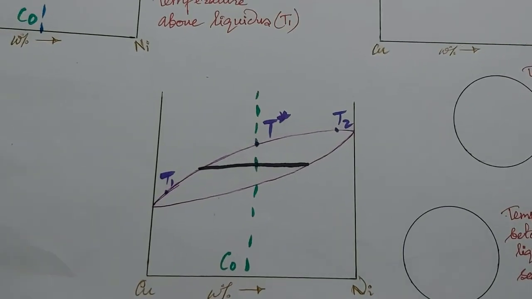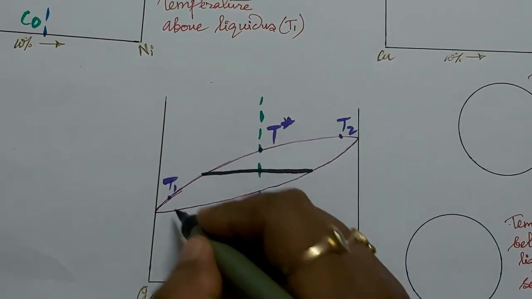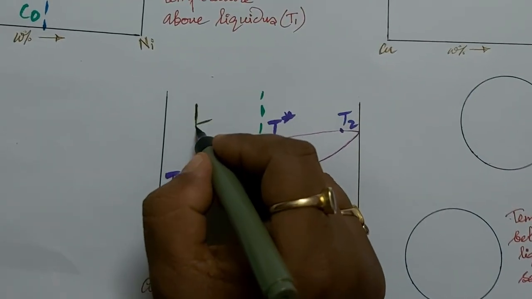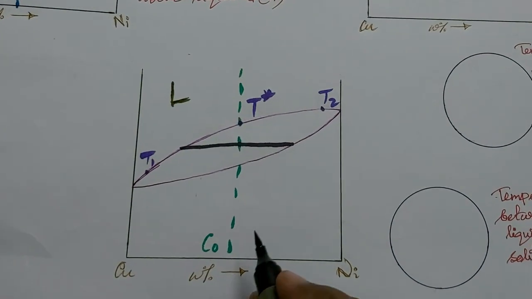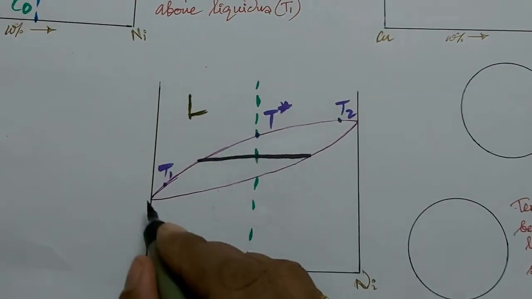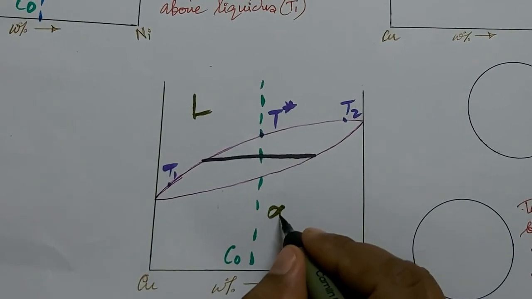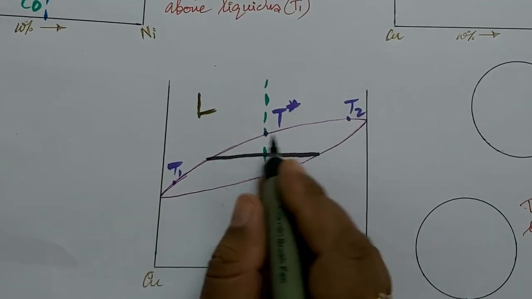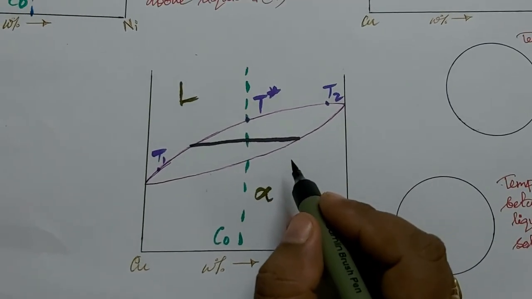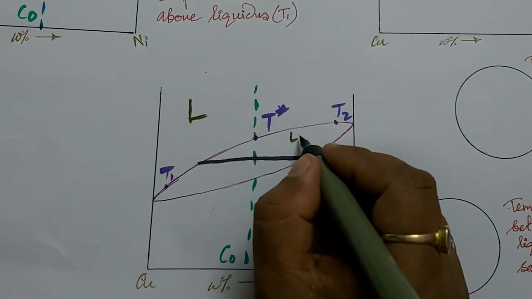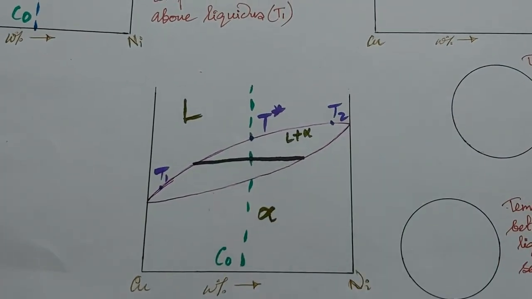Now, above this liquidus line we have liquid phase, and below this solidus line we have alpha phase. And in between this liquidus line and solidus line, we have liquid plus alpha.